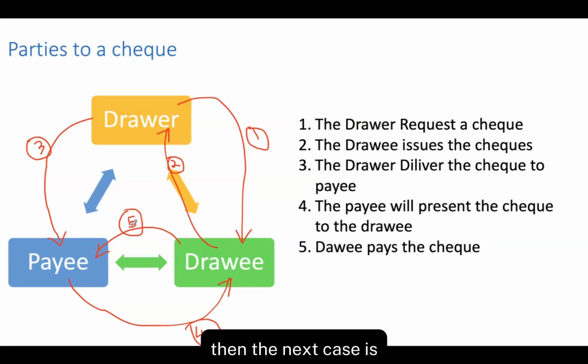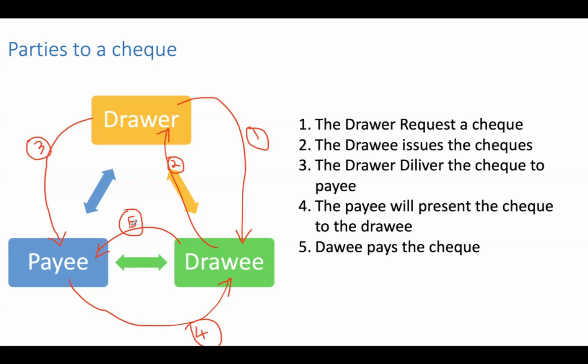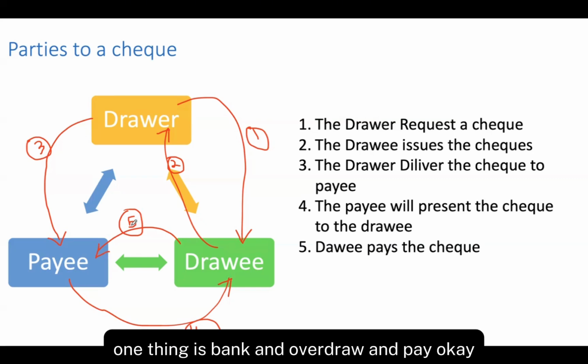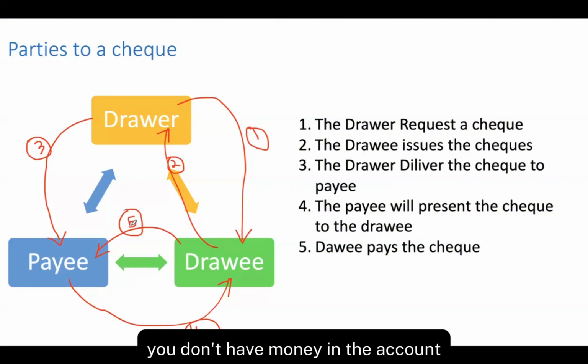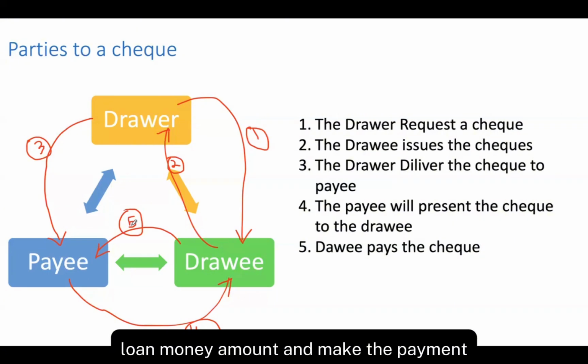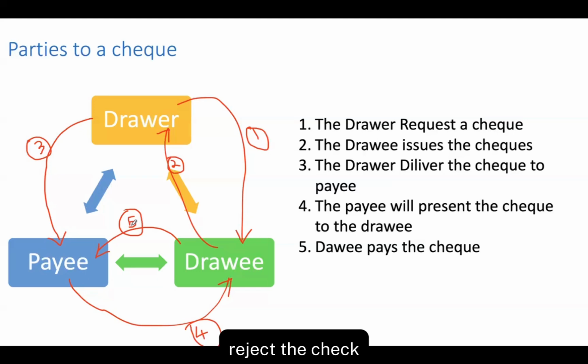The next case is if the drawer does not have sufficient money. One thing is the bank can overdraw and pay. You don't have money in the account, but the bank will give you a sort of loaned amount and make the payment. Or else the bank can reject the check.